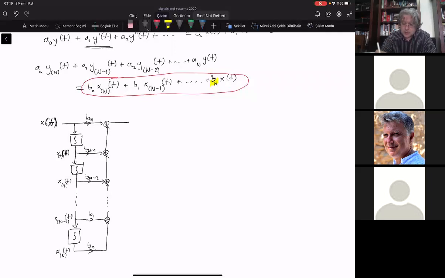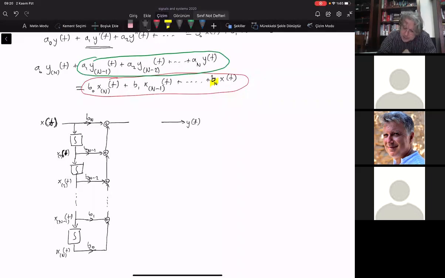Now we will do the autoregressive part, which is, let me encircle with a green, this portion. That is the autoregressive part, and it's going to process the output. So let me start from the output. Let me say that this is y of t.